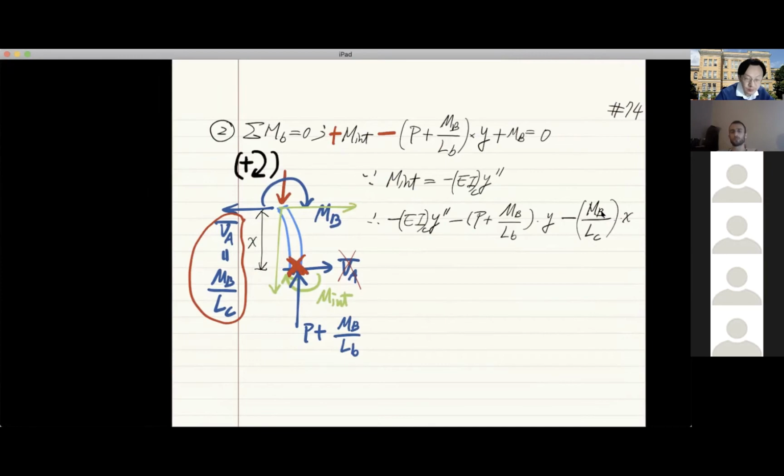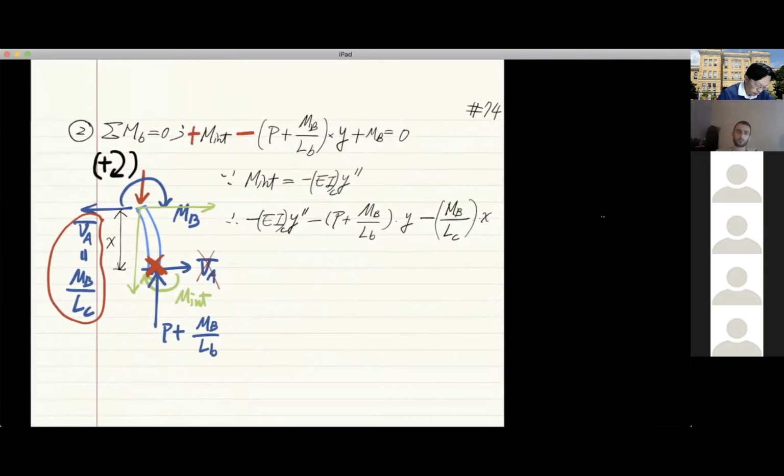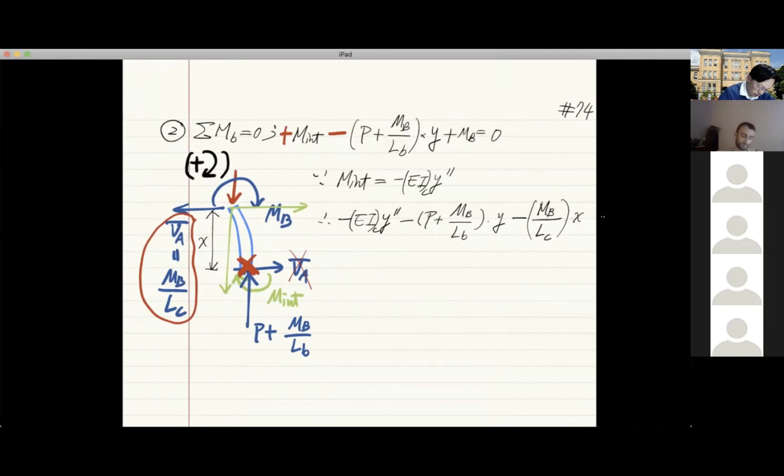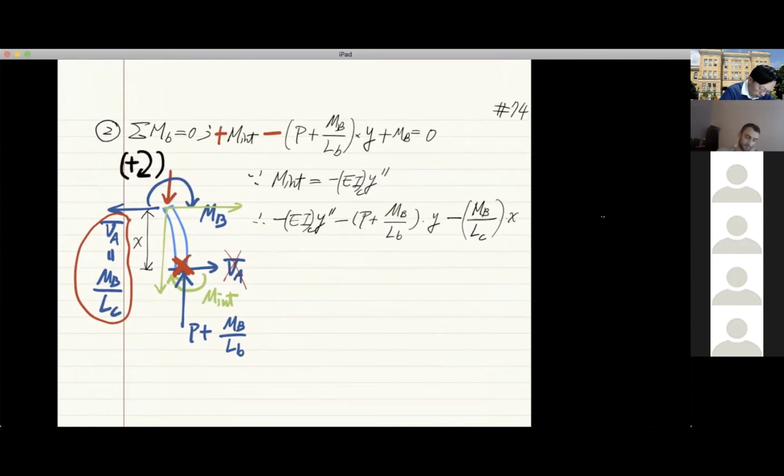That's what we are doing. So the moment produced by VA will be negative, and that is going to be MB over LC times X. And then the last term is positive. That's MB, plus MB to be 0.